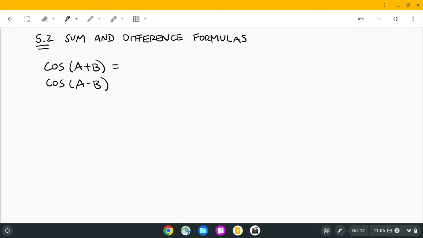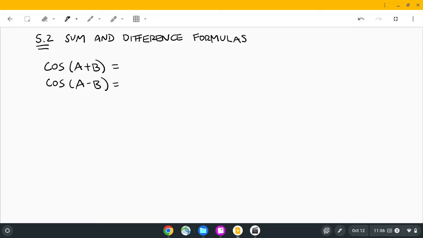But if you add them, that's actually cosine 75. So we use these formulas to evaluate angles that we don't have memorized. We have 30, 45, 60 memorized, and the quadrantals 0, 90, 180, 270. But we don't memorize cosine of 75 degrees.